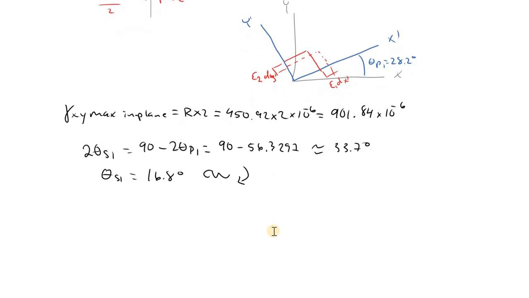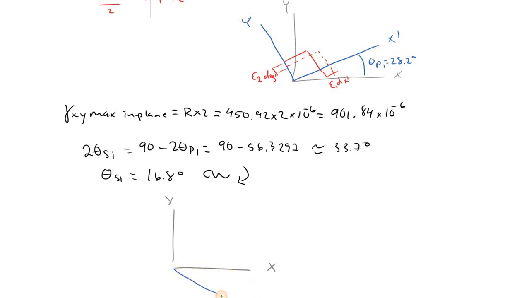So when we draw the transformed element, again, this is our y and our x. This time around, our x has been transformed in the clockwise direction, which is this direction.